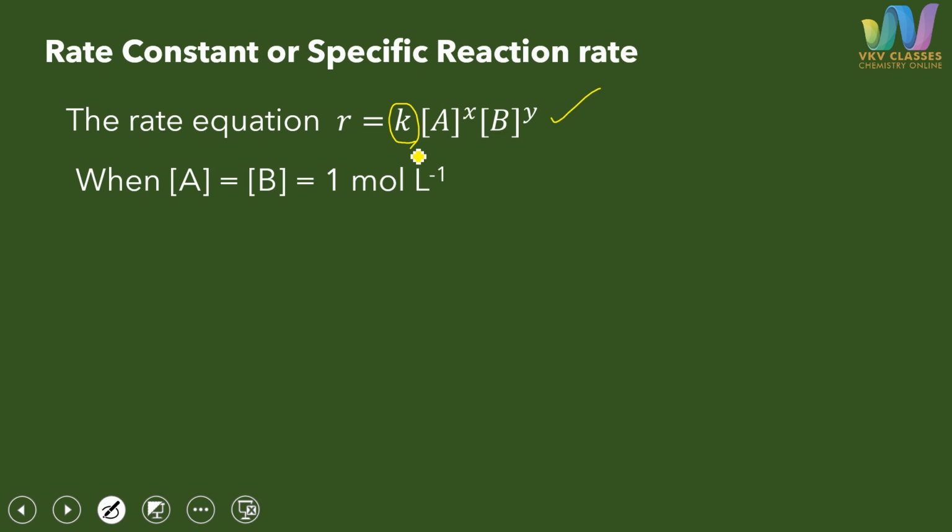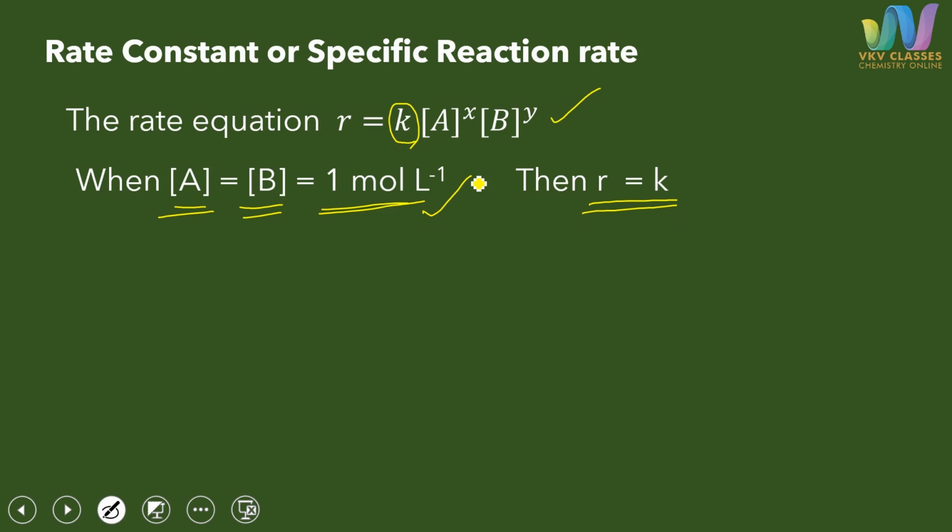When the concentration of reactant A and reactant B is equal to 1 mole per liter, the equation becomes R equal to K. So the rate constant becomes equal to the rate of reaction when the concentration of all the reactants in the reaction becomes equal to 1 mole per liter.